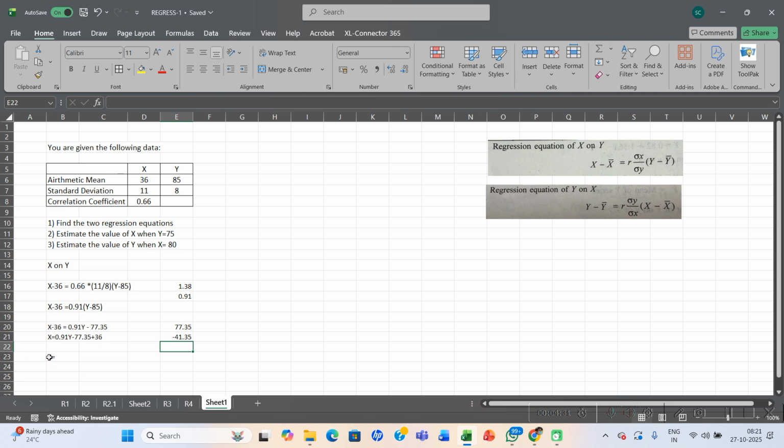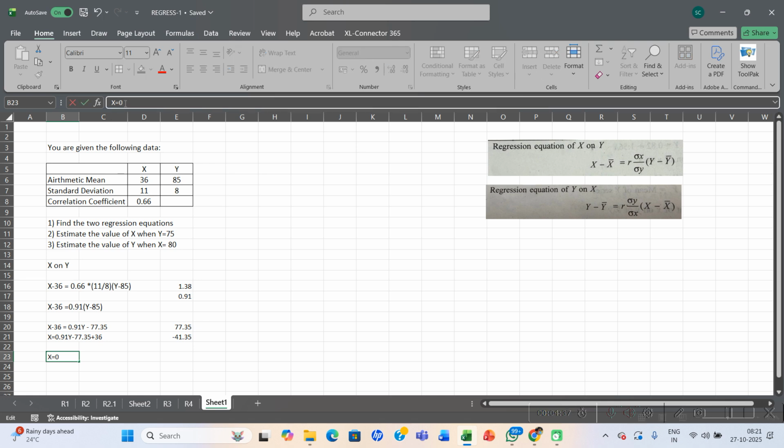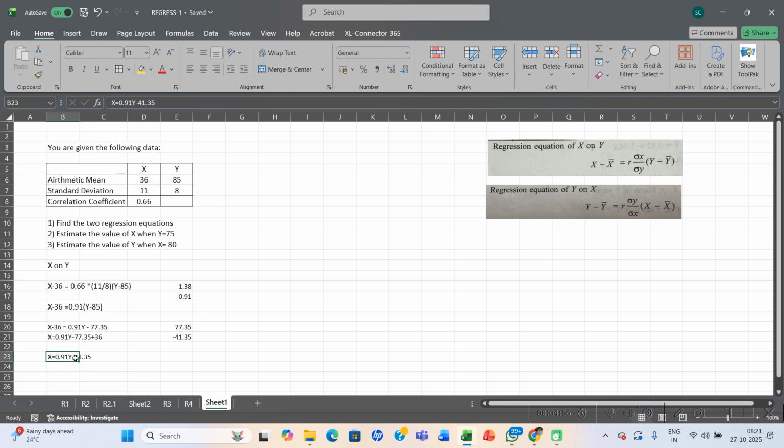So the equation becomes x equal to 0.91y minus 41.35. This is the equation which was required, which has been asked us to solve.